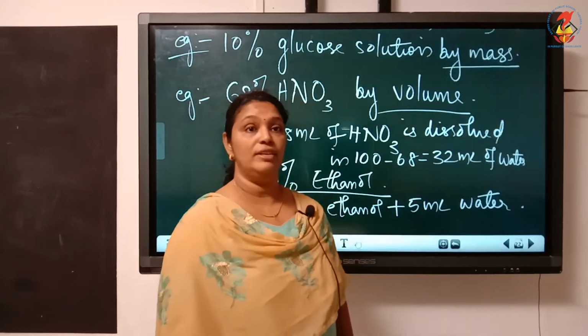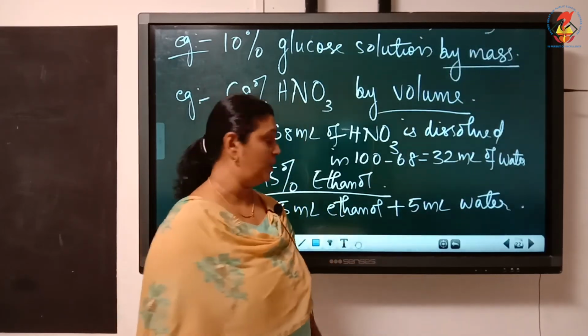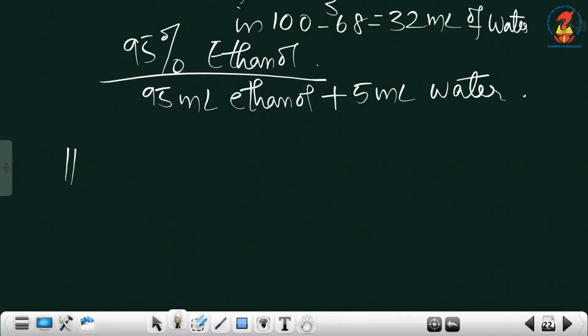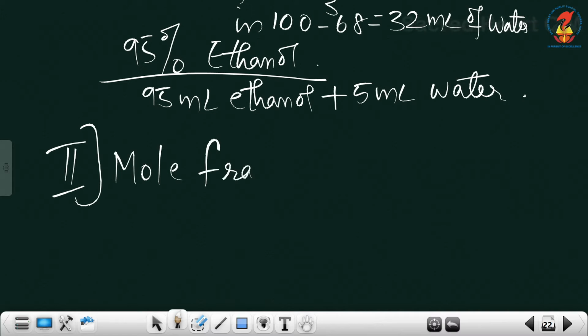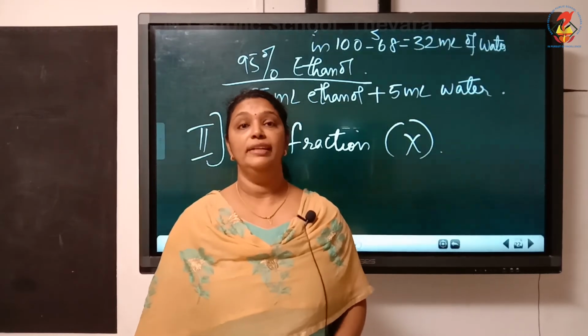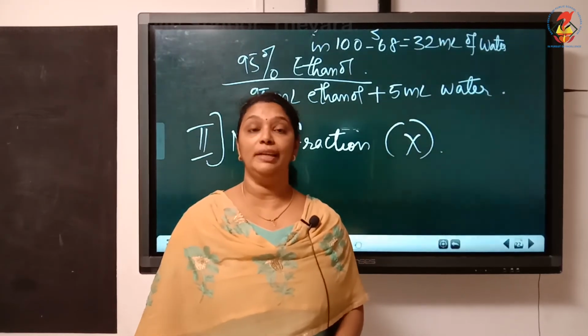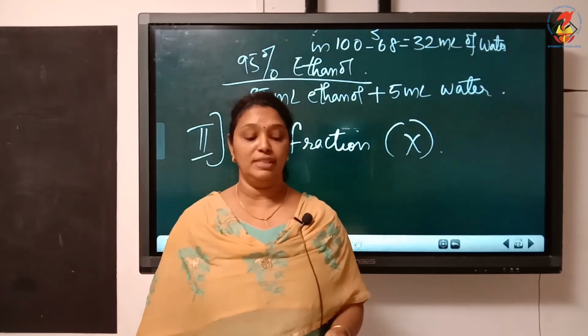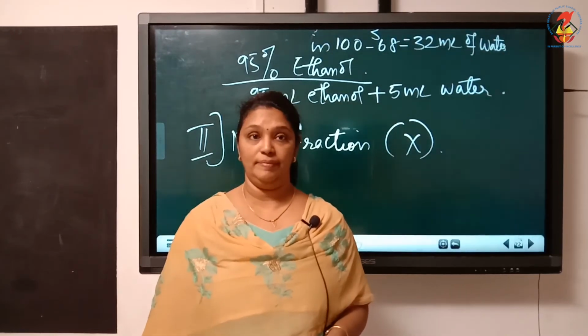Now the second concentration term is mole fraction, denoted by X. The definition of mole fraction is: it is the ratio of number of moles of a particular component to the total number of moles of all the components present in the solution.